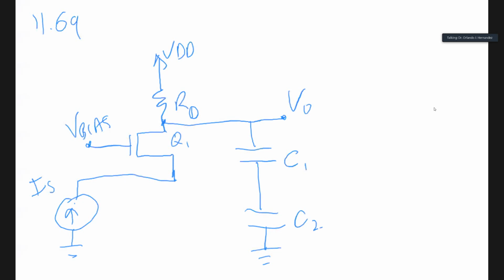and there is a feedback with a common source amplifier. So this is the common source over here.